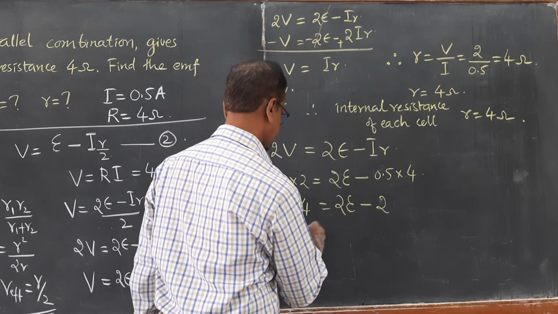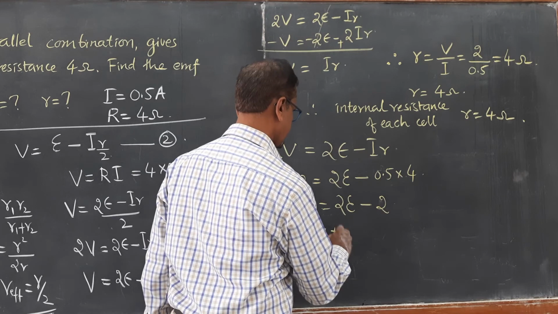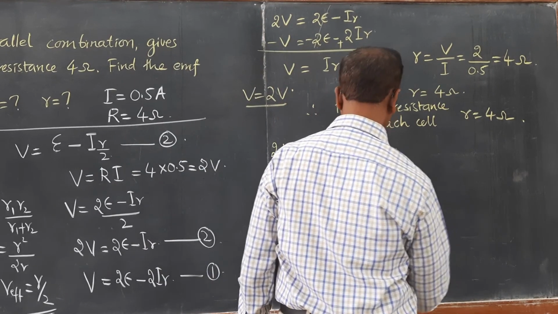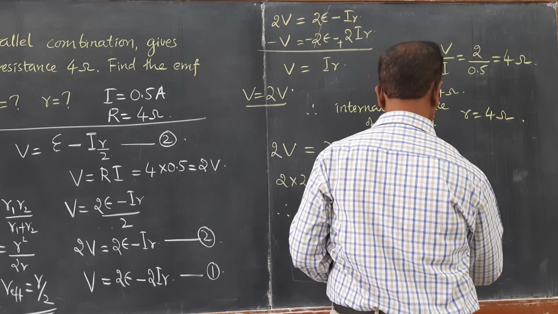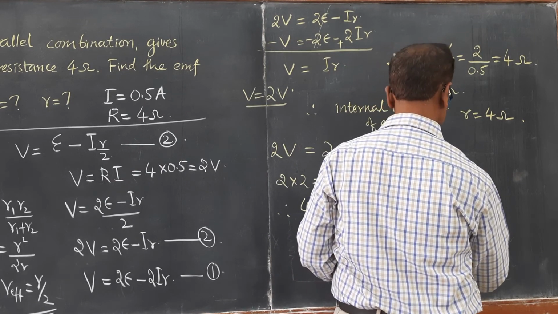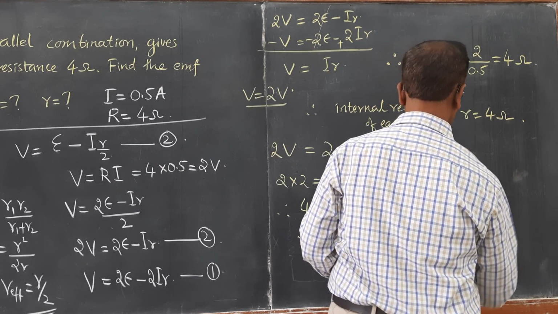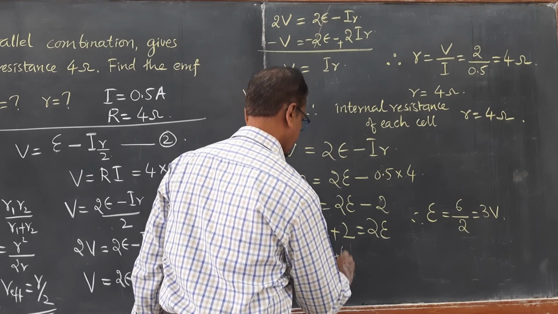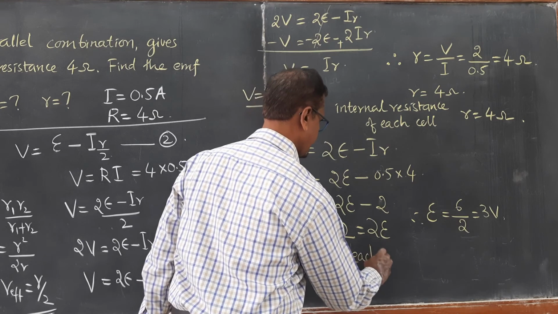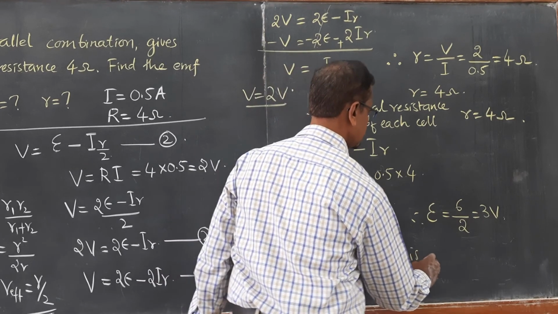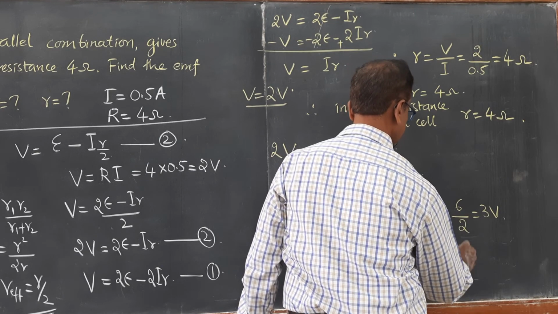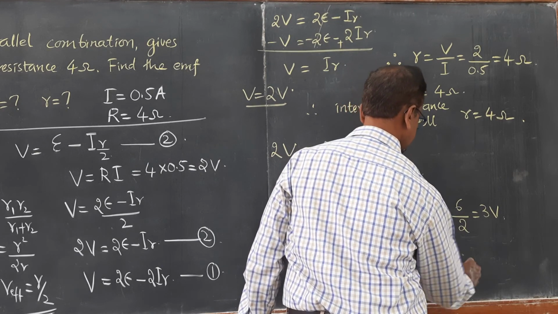Therefore, if you take it this side, 4 plus 2 equal to 2E. This implies the EMF of each cell is 6 by 2, that is 3 volt. Therefore, E equal to 3 volts.